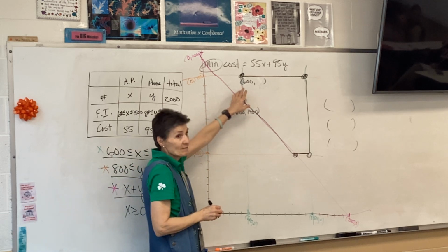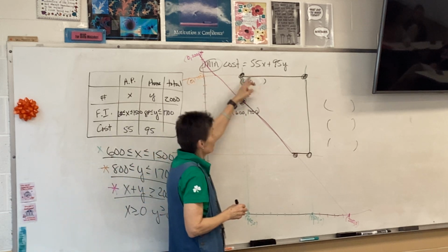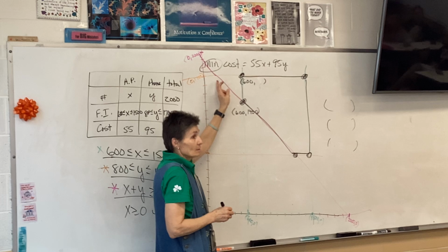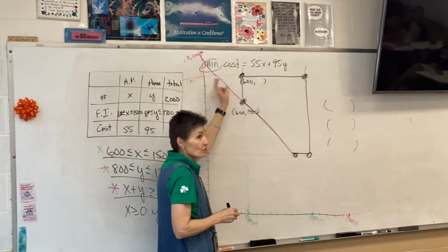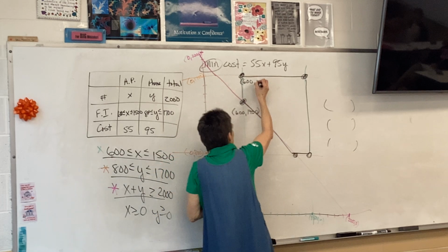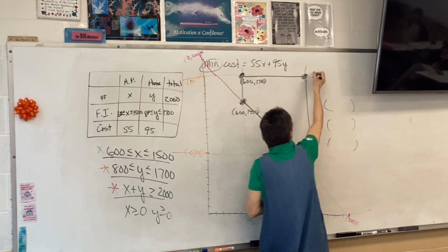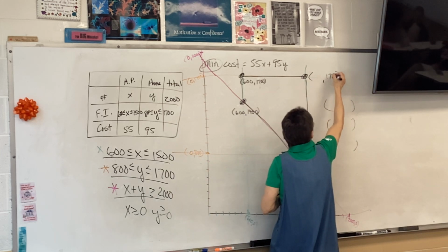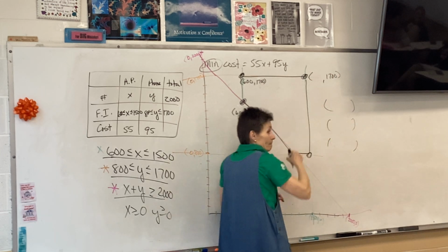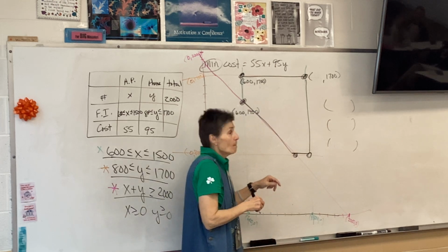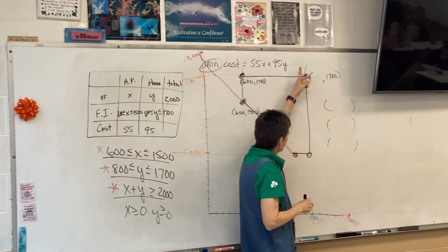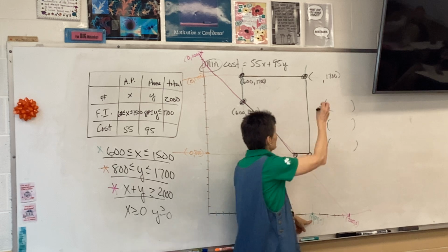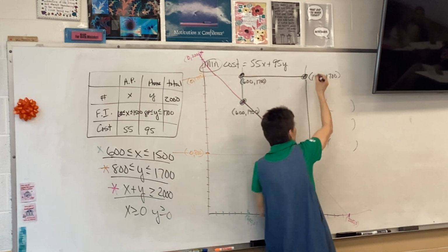Now up here, this one's even easier, because this one's on the orange. So what do we know about the orange? That's 1,700 for the Y, including this one, 1,700 for the Y. But that one is also on this green one, which is 1,500.